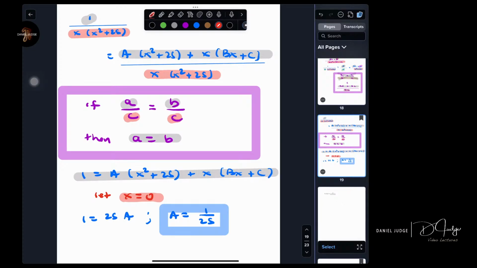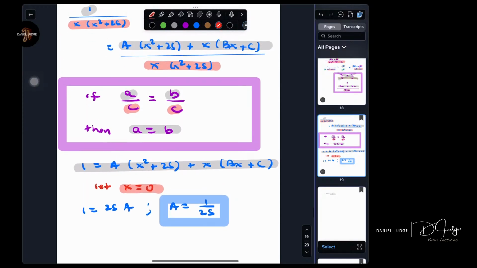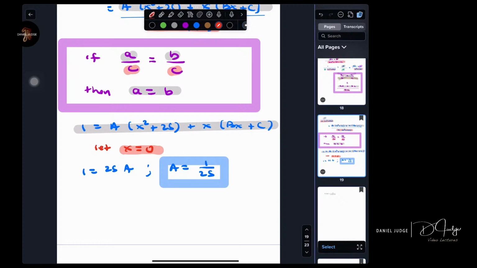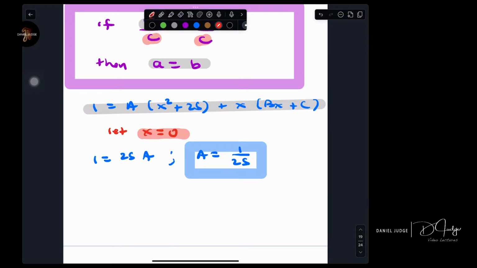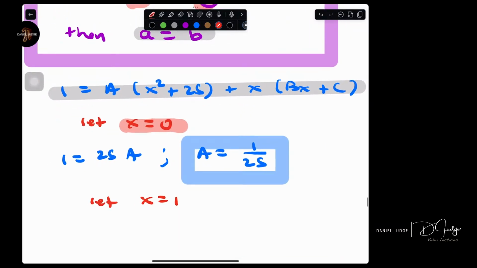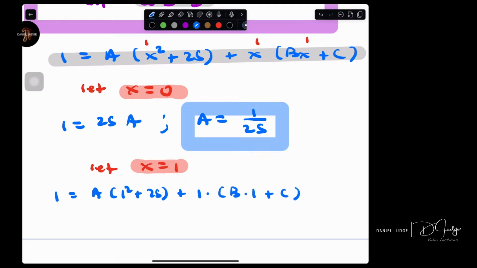Let's see what happens. So if we said, let's let x now be the value 1, we'll end up with 1 equals a times 1 squared plus 25 plus 1 times b times 1 plus c.